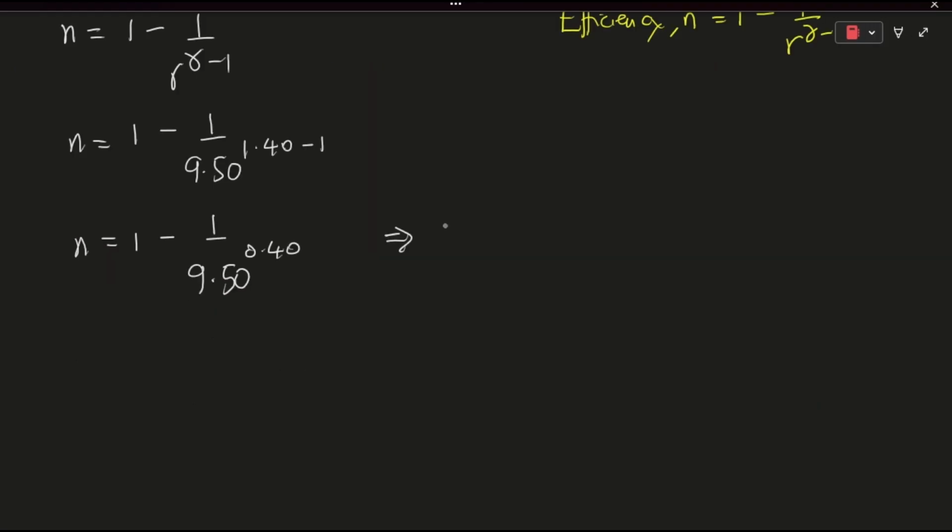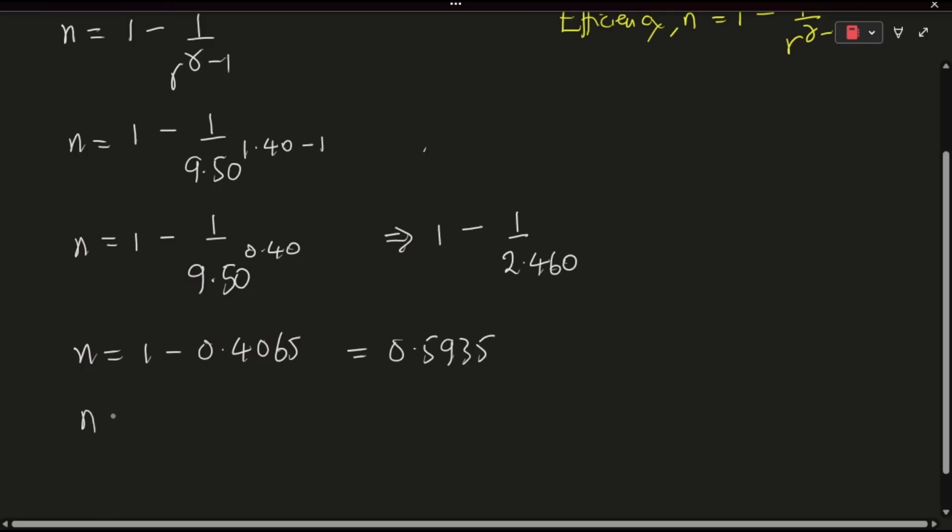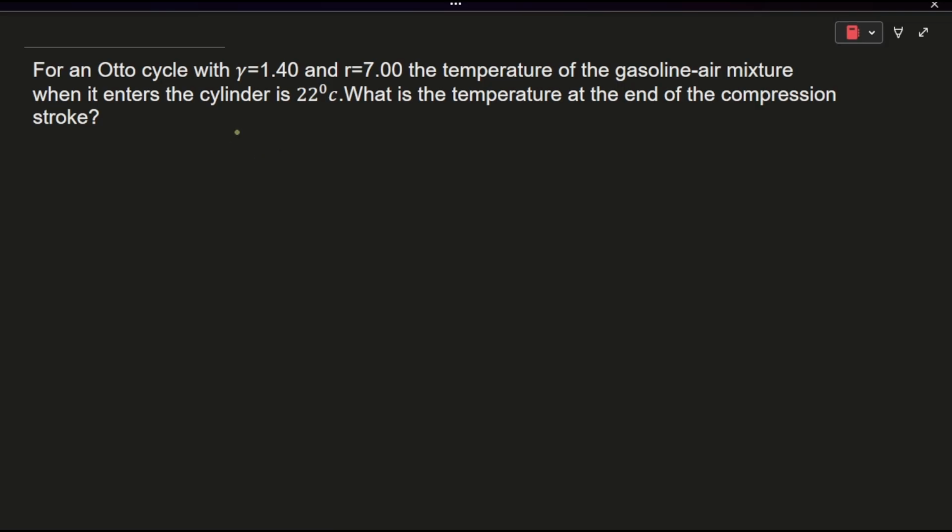Now, if we are to simplify, our denominator reduces to, so we're going to have 0.4065, and we're going to have 0.5935. So the efficiency of this Otto cycle is approximately 59.4%.